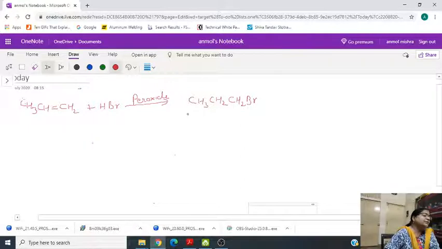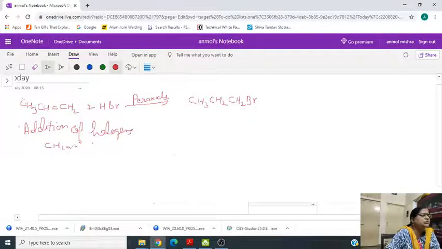Now, from alkenes, second method is addition of halogen. Now, this reaction can be used for detection of unsaturation in organic compound, also called as bromine water test.